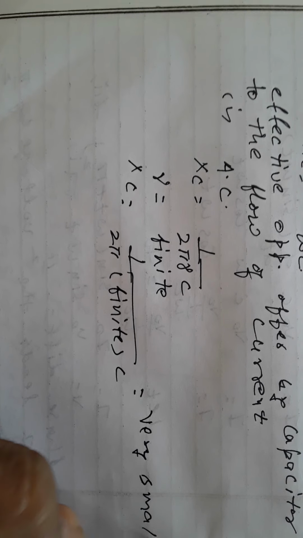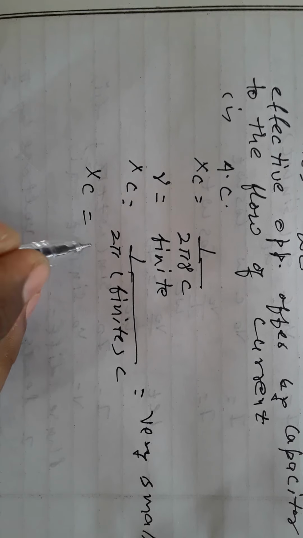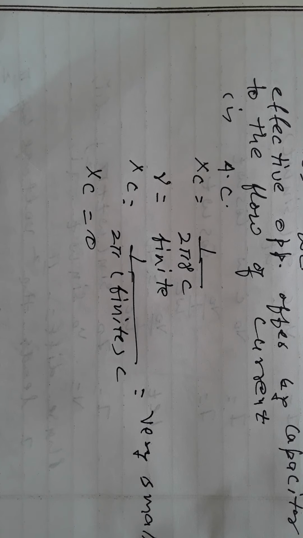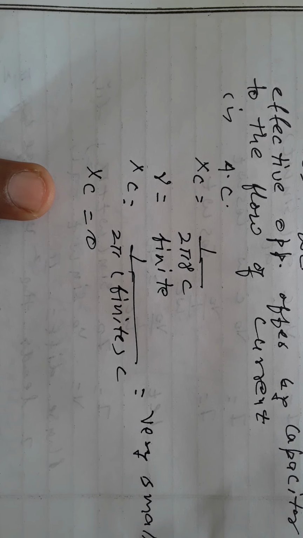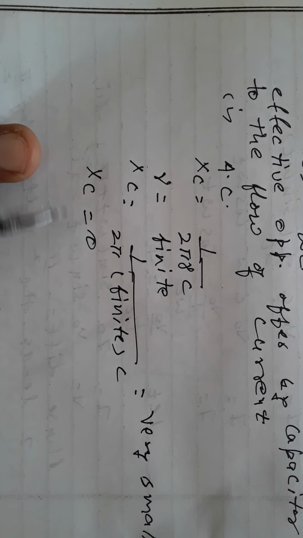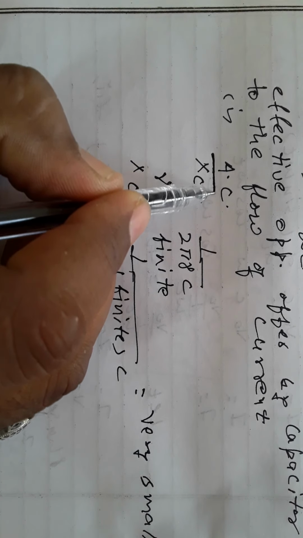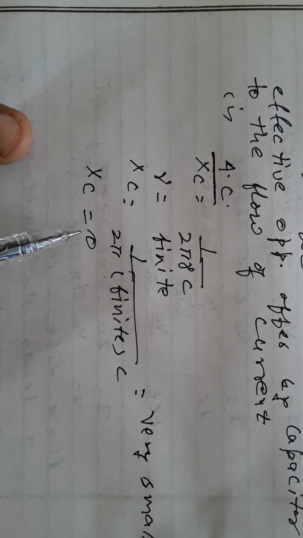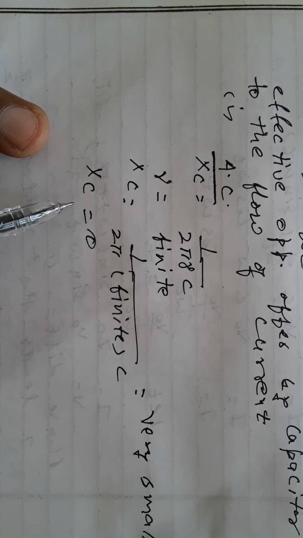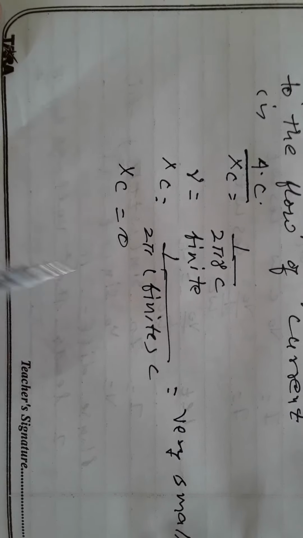If it is a very small value, then XC will be nearly 0. If XC is 0, then the opposition will be 0. So we can say that the capacitor does not oppose the AC, so it allows the AC.